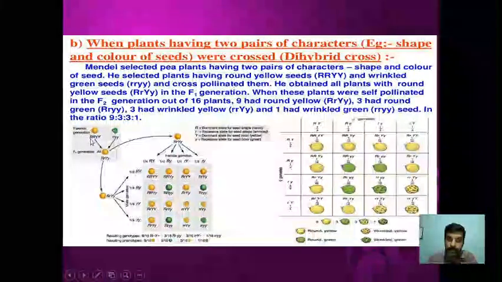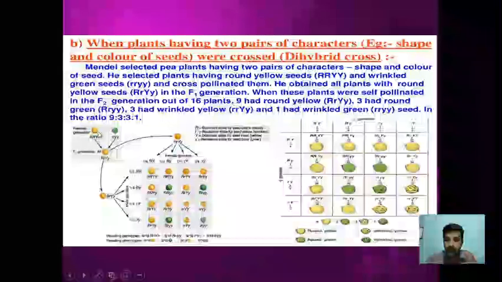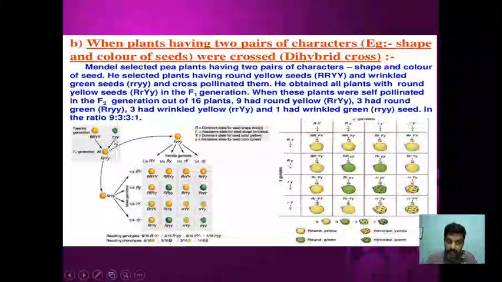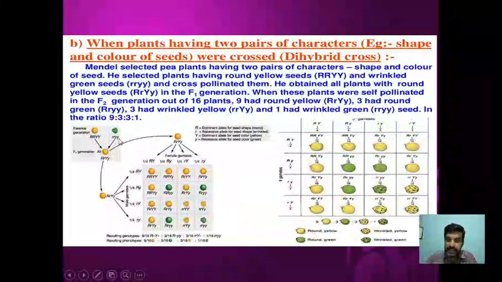We don't write only one R and one Y, because each trait is controlled by two alleles. So capital RR, capital YY will represent the round and yellow seeds, and small rr, small yy represents the wrinkled seeds with green color.